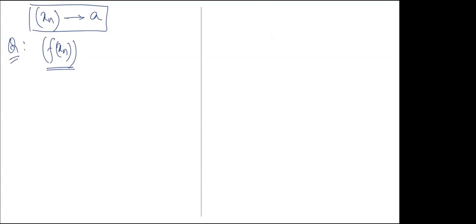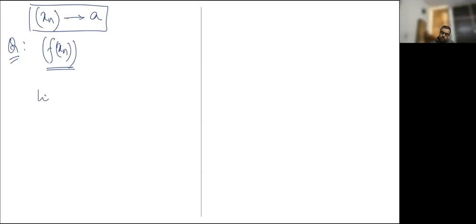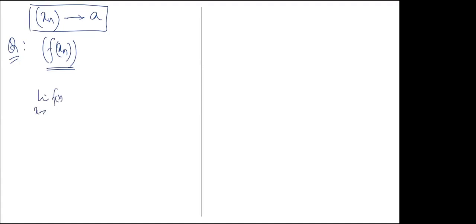So we know that the limit of f(x) as x tends to a is L. Then that would mean that the limit of f(xn) will also be L, since xn is a converging sequence.